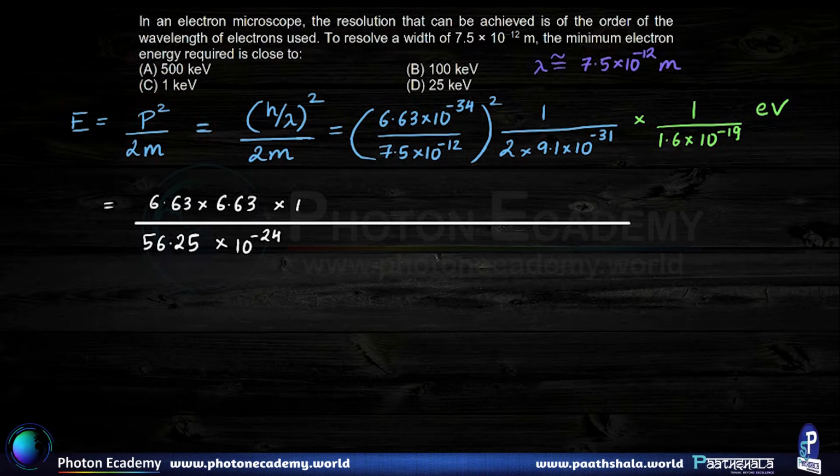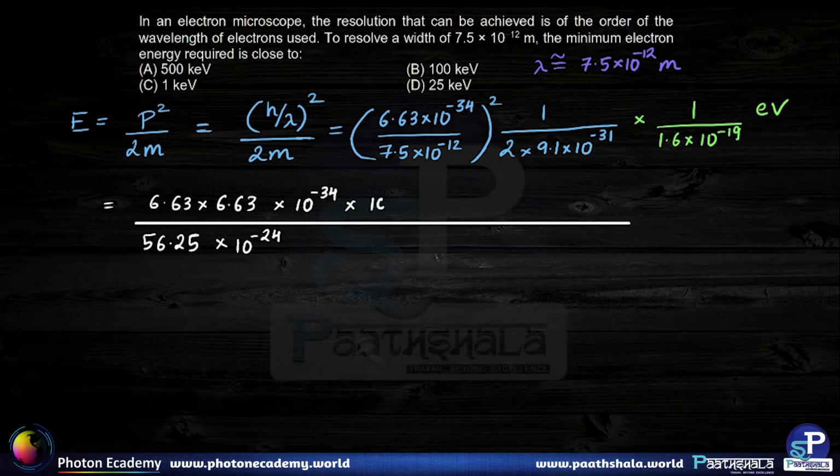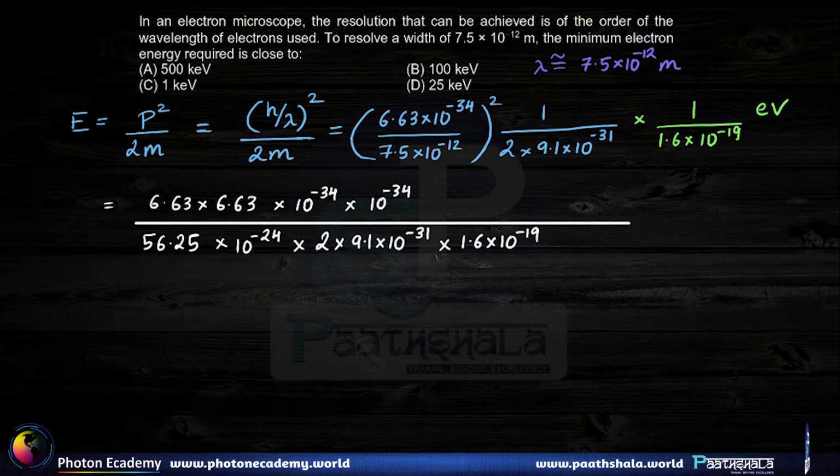And here I'll choose to write down 10^-34 twice like this. Okay, then I have got the mass of the electron, which is 2 × 9.1 × 10^-31, and I have got another term 1.6 × 10^-19. Now what I choose to do is cancel out the exponents so that I get a relatively simplified expression.